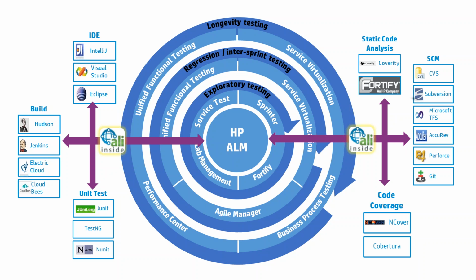Looking at different IDEs, when you have the ALM license and you add in and enable ALI, you can enable a connection directly from the IDE for your developer into ALM, where you can create requirements from the IDE, create defects from that IDE, and get tasks assigned to you.